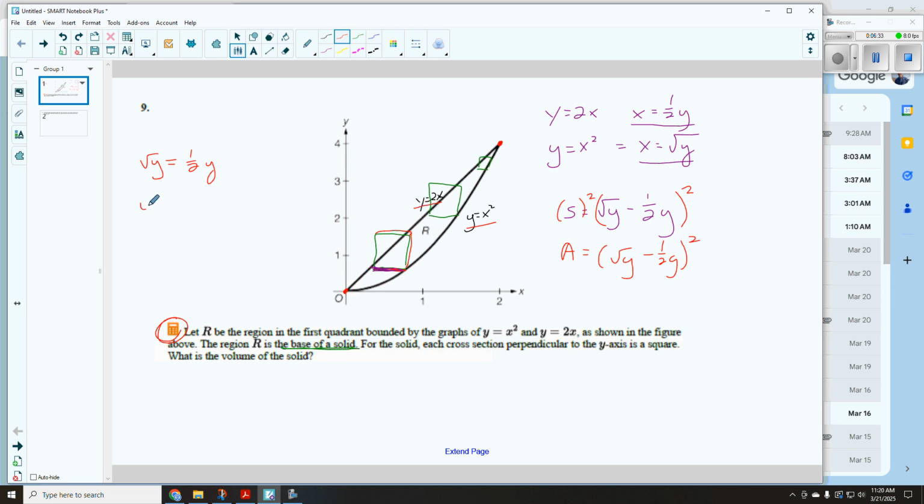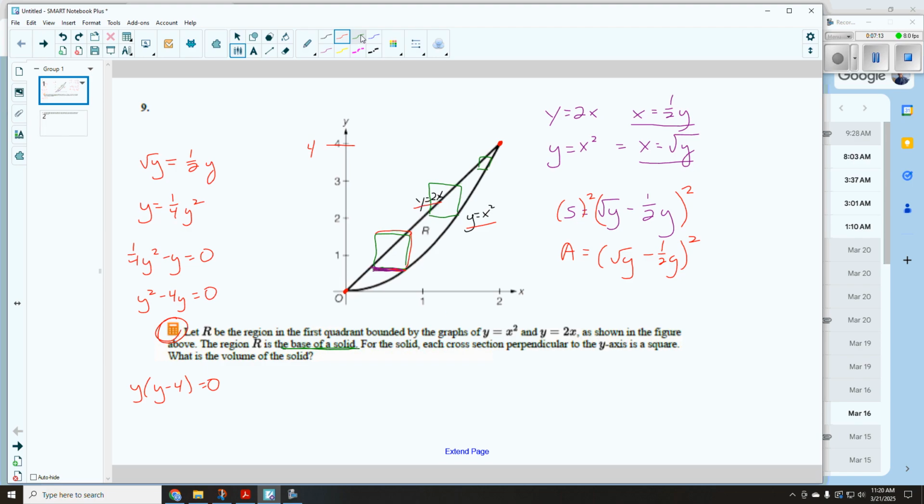I square both sides and get y is equal to 1/4 y squared, so 1/4 y squared minus y equals 0. To make my life easier, I'll multiply through by 4, so I get y squared minus 4y equals 0, and I'll factor out a y, and I get y times y minus 4 equals 0. So I know that the y value of this point is in fact 4.